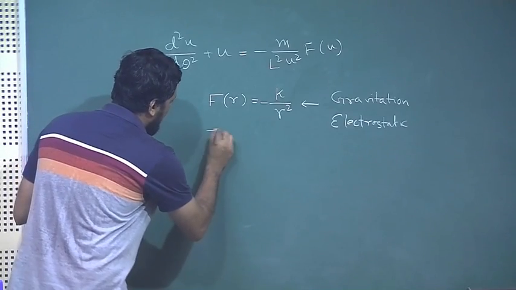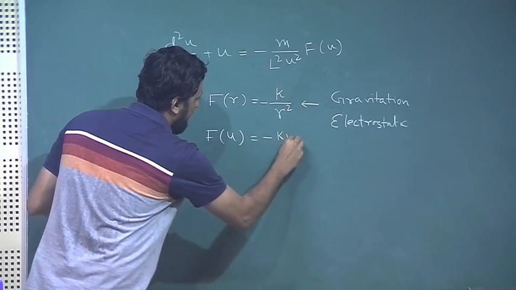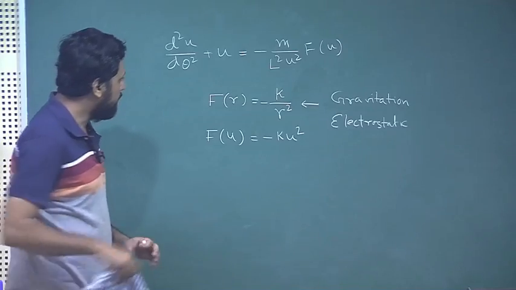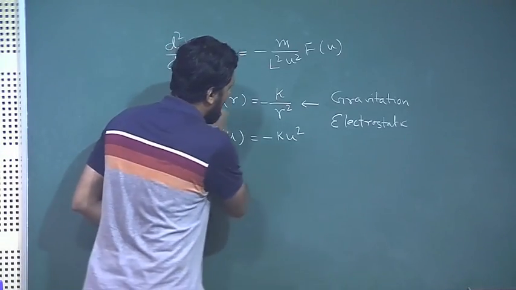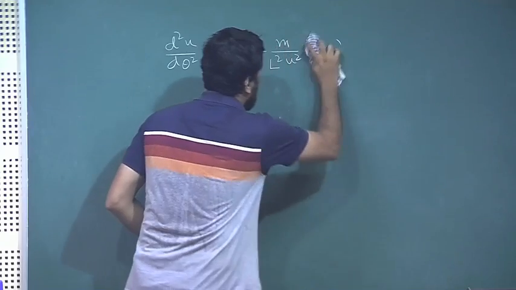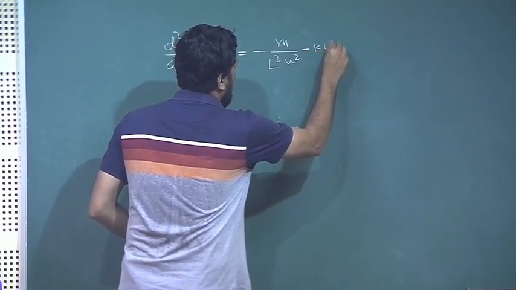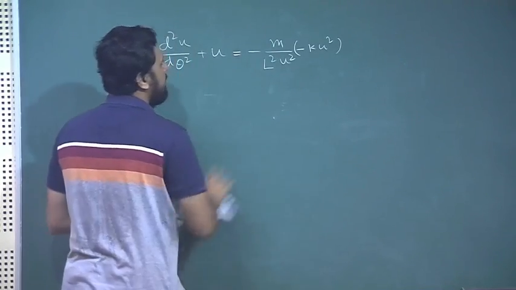Now, in order to do that, we first write f(u), which will be -k u² simply. So, for the inverse square force law, we are going to substitute -k u² into this equation. Okay, we will just keep it in sight.